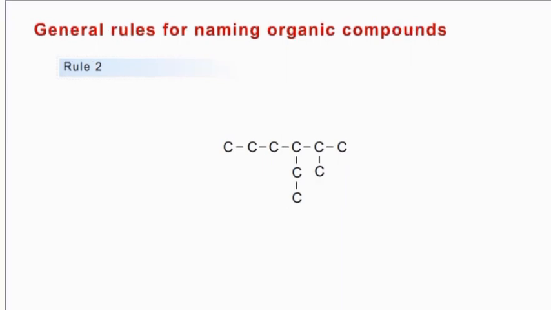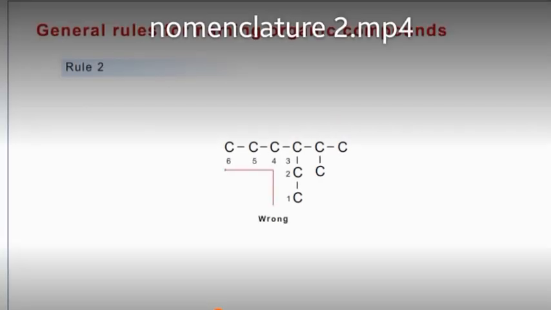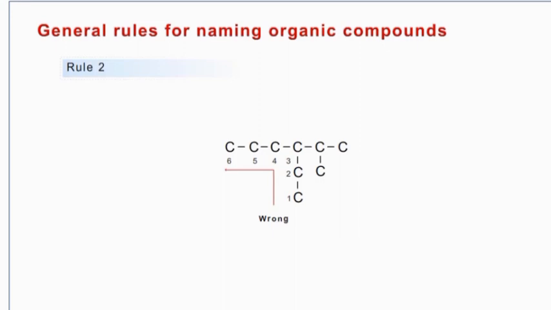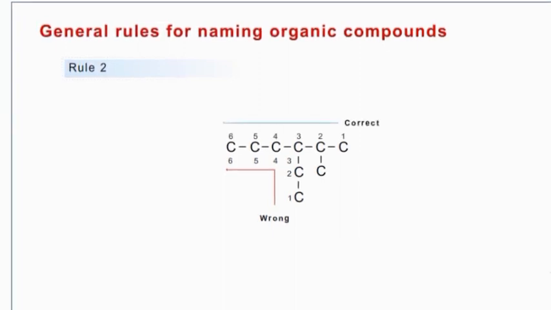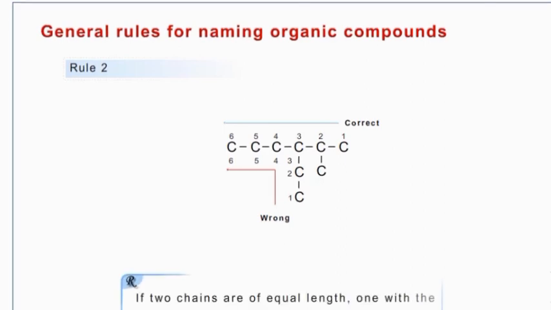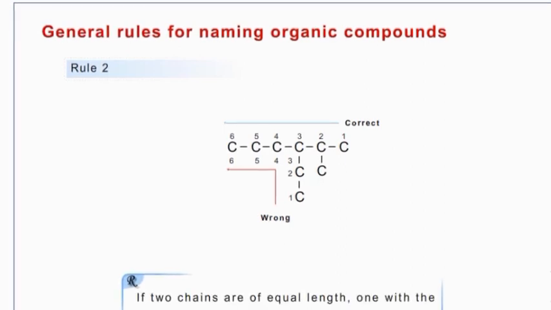So it will come like this. This is one way. The other one is like this. This is another way. So which one do you have to select? The answer is this.